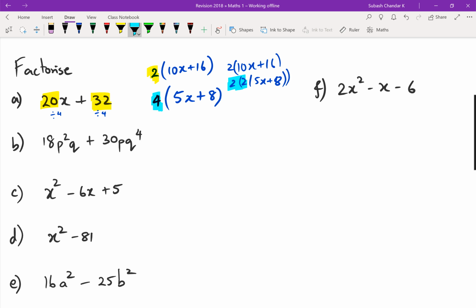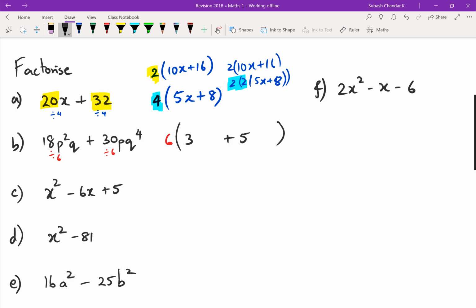Remember, if you use 3, I reckon you can break it down further. So 6 is the number I'm looking at. That means 18 divided by 6, 30 divided by 6. 18 divided by 6 is 3, and then 30 divided by 6 is 5.